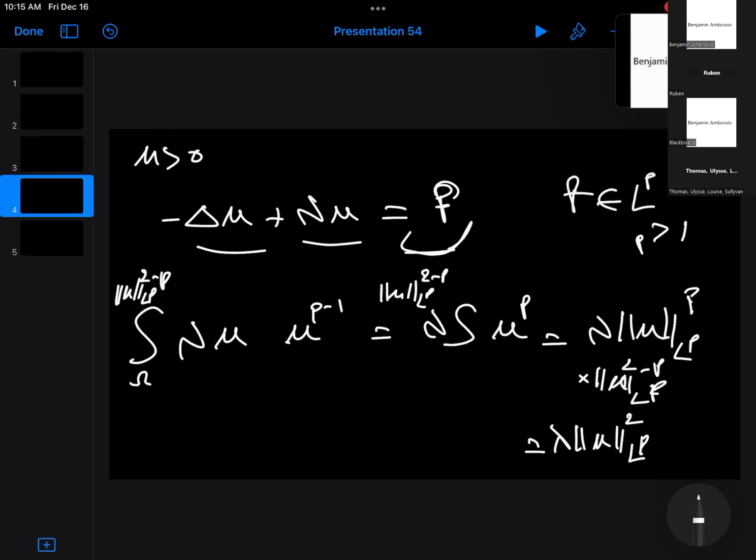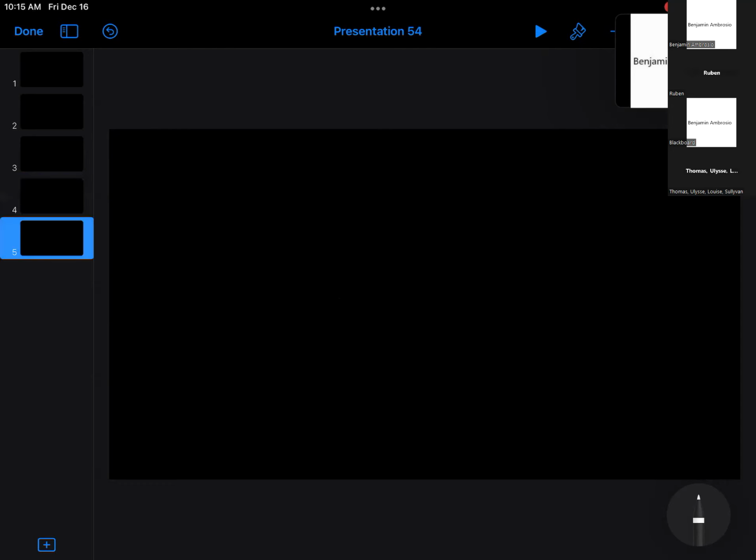Okay, now let's work with this one. So the integral of F, and I multiply that by U to the P minus 1, and you don't forget here the norm of U in LP to the power 2 minus P. Okay, let's do first that, and at the end we will multiply by that. So here, I will use the Young inequality.